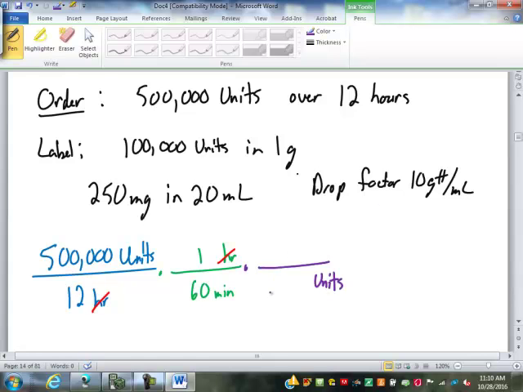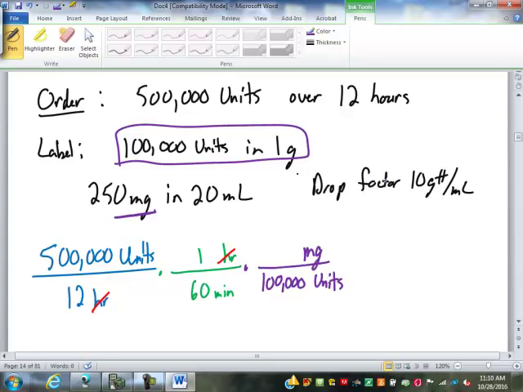Here's where I'm going to cheat a little bit. Label says 100,000 units in 1 gram. But we know that in our next step, we're not going to need grams. We're going to need milligrams. So here, I'm going to do 100,000 units. But instead of putting them in 1 gram, 1 gram is how many milligrams? 1,000. There's 1,000 milligrams in 1 gram, so I'm going to put 1,000 milligrams in there.